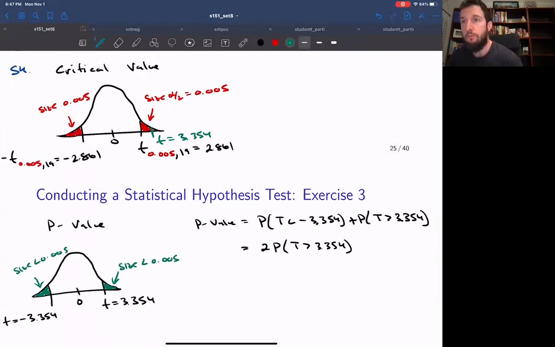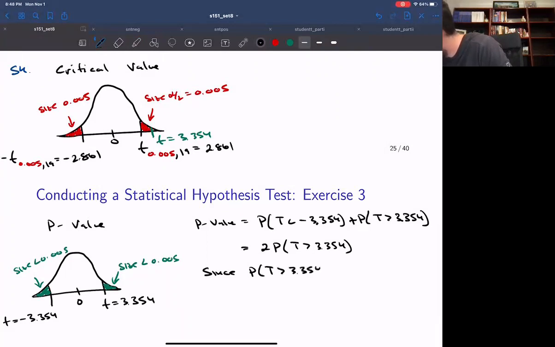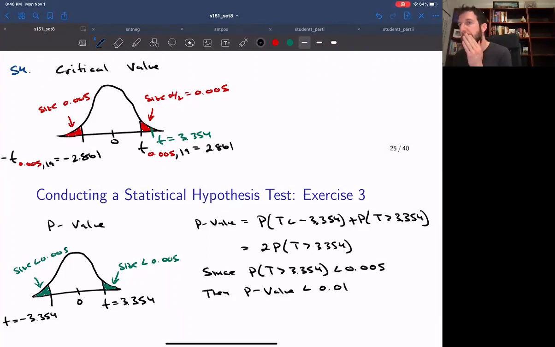We're just going to add those two bounds together. So we would say, since the probability that t is bigger than 3.354 is less than 0.005, then the p-value is less than 0.01. Okay, so I've just added 0.005 to itself to get 0.01. So now my statement here is the p-value is smaller than 0.01.